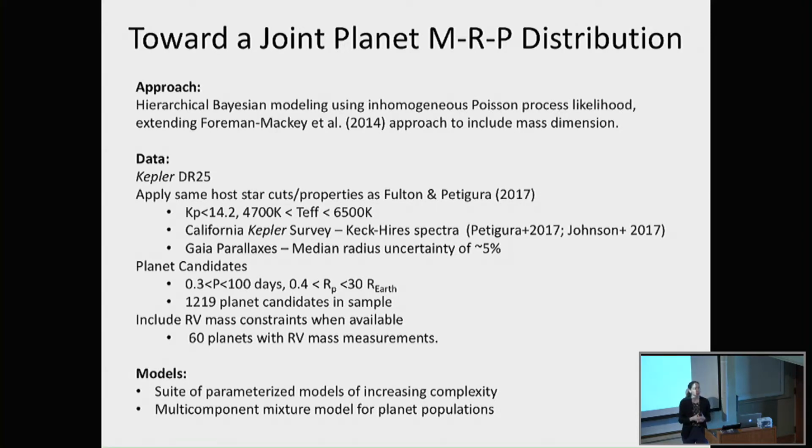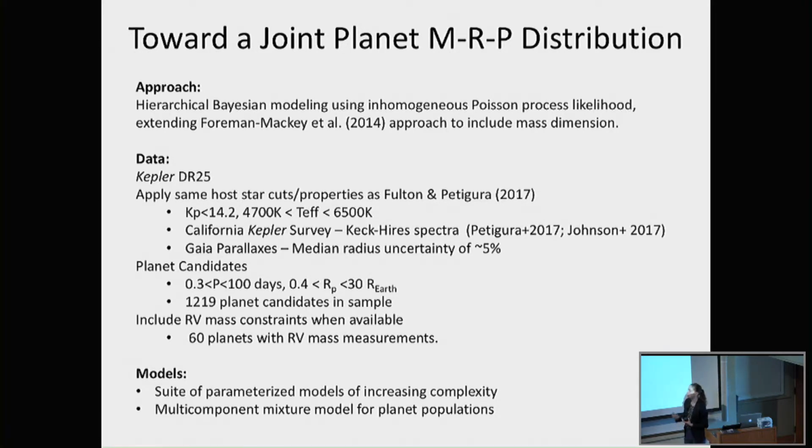This is based on Kepler data release 25, and they're focusing in particular on the brightest host stars and planet candidates, for which they got high resolution spectra using Keck HIRES.